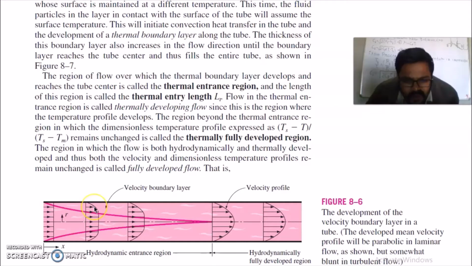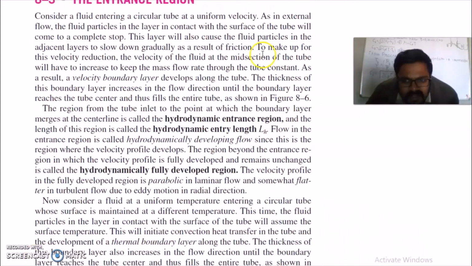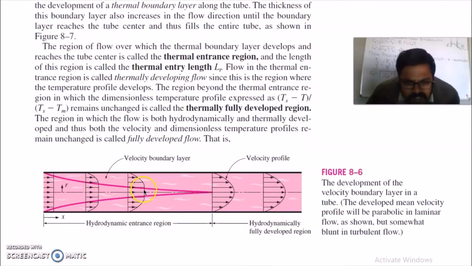To make up for this velocity reduction, the velocity of the fluid at the midsection of the tube will have to increase to keep the mass rate throughout the tube constant. So at the midsection, the velocity will start to increase, and you can see this midsection velocity will start to increase at the center.